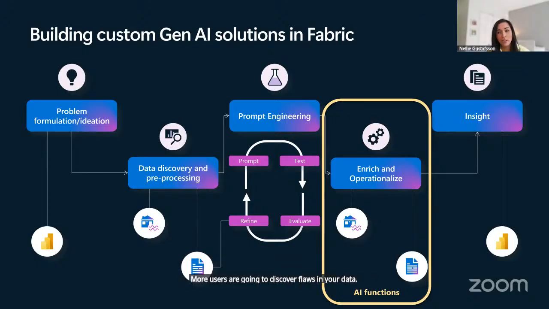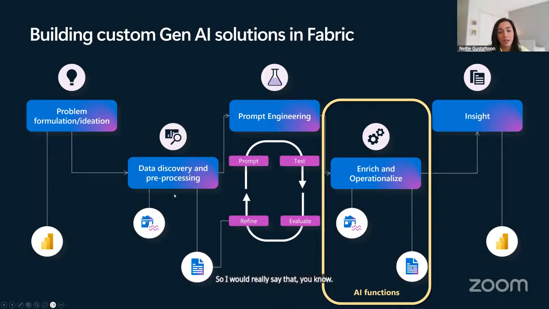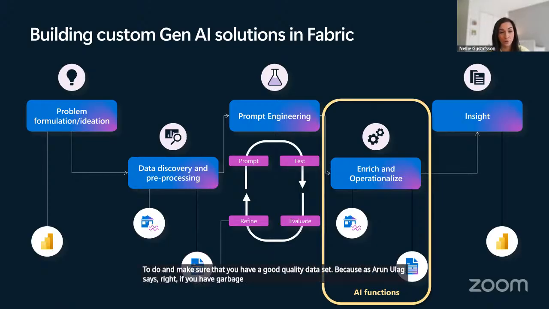So if you had quality issues in your data, more users are going to see that, right? It's because AI exposes that. So I would really say that, thanks to generative AI, data engineering is actually going to be even more crucial to do and make sure that you have a good quality data set. Because as Arun Ulag says, if you have garbage in, you're going to get garbage out.